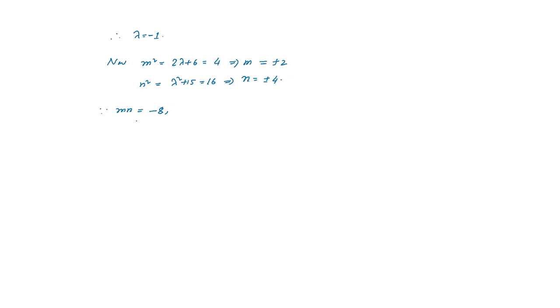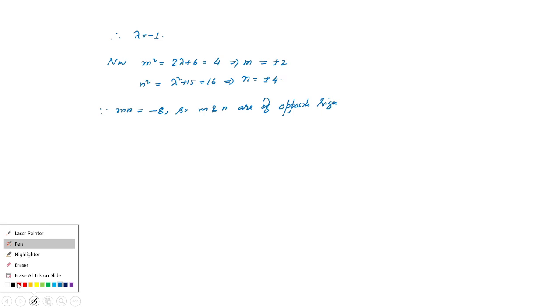M and n must be of opposite sign. That means if we take m positive, then n will be negative, and if we take m negative, then n will be positive.